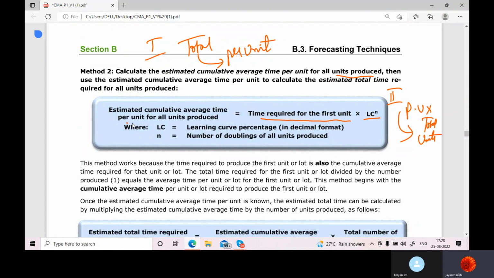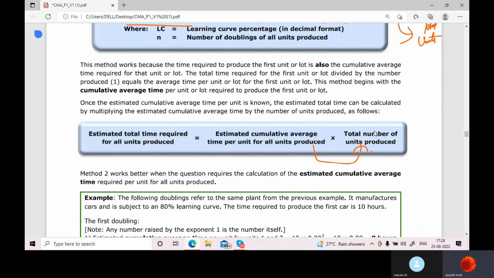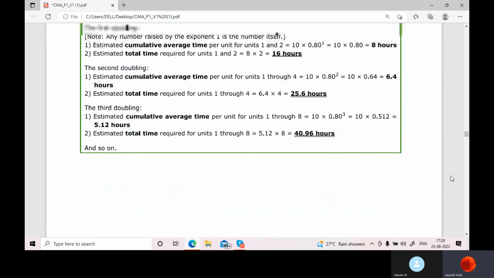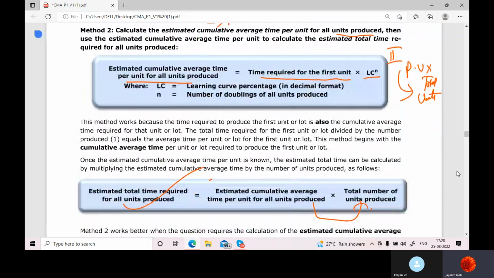So here we have per unit time. We can multiply with the total number of units produced. We'll get the total time. So you can write these formulas and you can solve this. We will solve this question. In the assembly, we will ask the cumulative time or average time, sir?